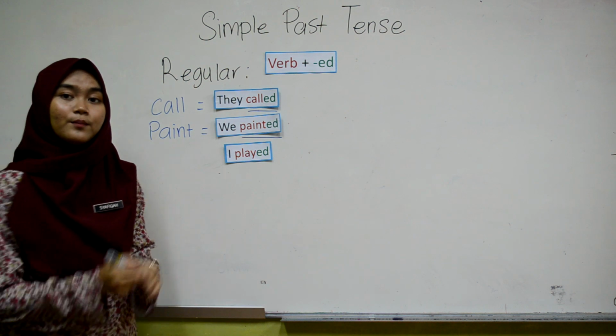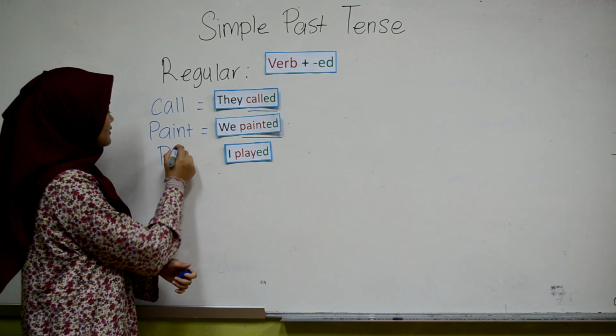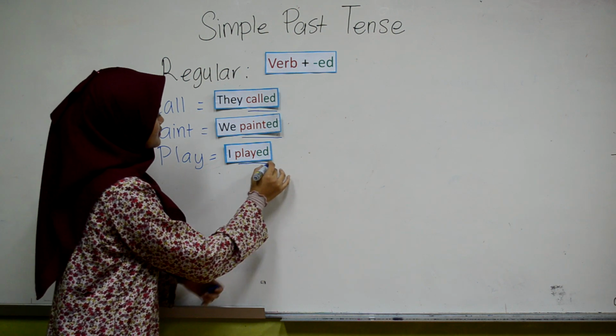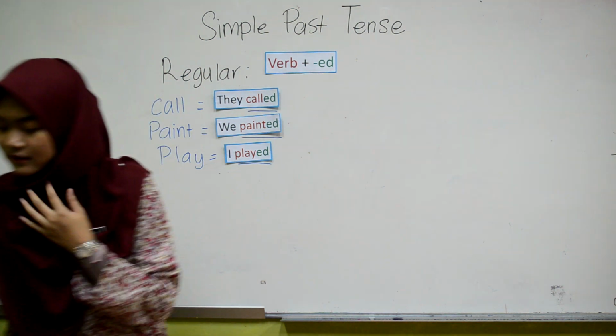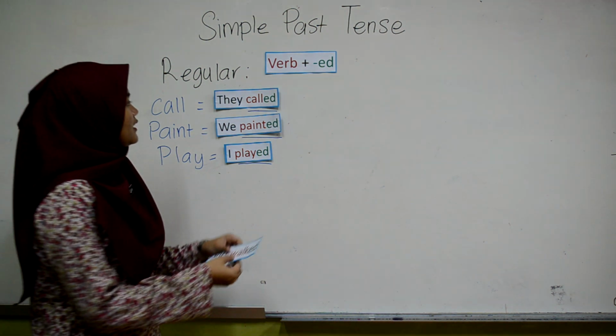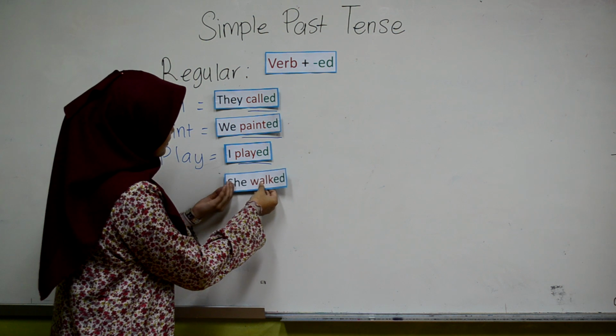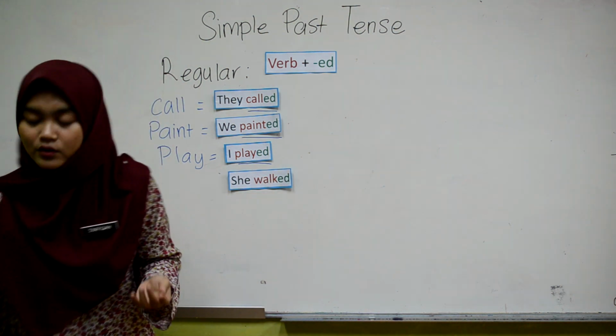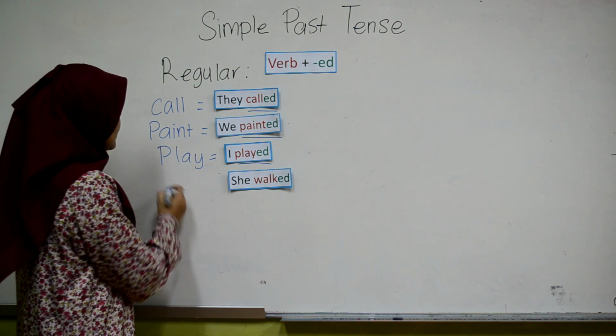The root word for played is play. So here it becomes played. And then the fourth one is walk. The root word for walk is walk.